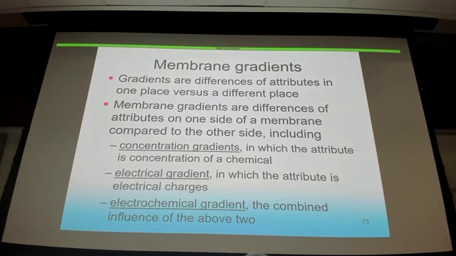But if there's more sodium outside the plasma membrane and less inside, why doesn't the sodium just go down its concentration gradient? Concentration gradient means you go from an area of higher concentration to lower concentration. Why doesn't sodium just equalize inside and outside of the cell?